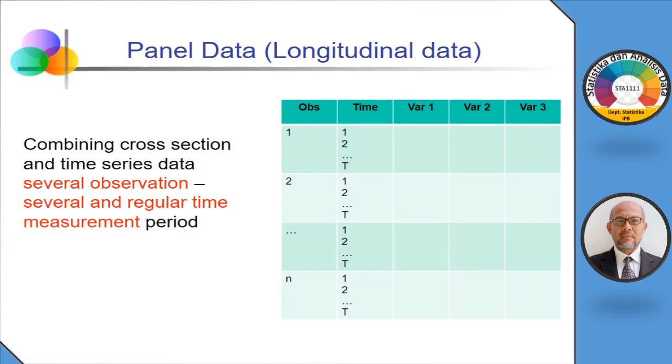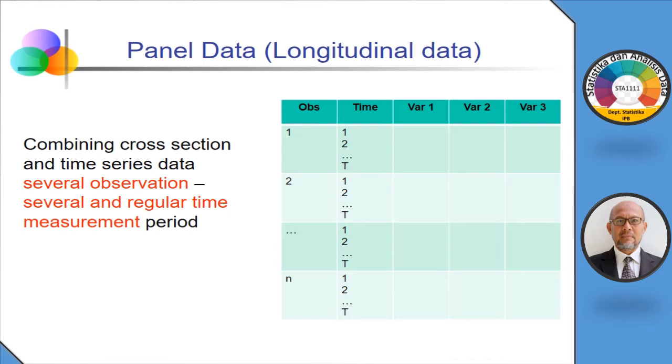Take a look at the table in this slide. This is an example of panel data. Sometimes we also call it longitudinal data. So we have n observations, and every observation or every object is measured at some times, 1, 2 until t, and then we measure some variables.